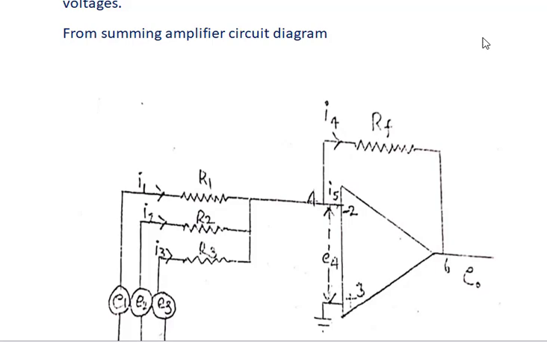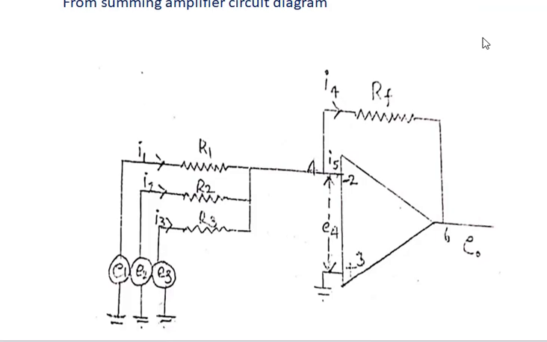It gives the sum of all input voltages in the output, with a negative sign, as they are given at the inverting input of the amplifier.